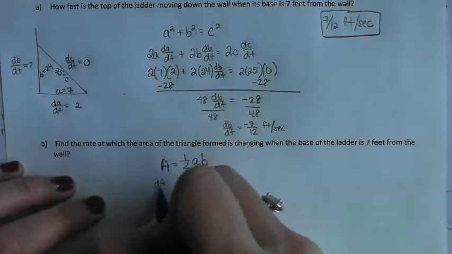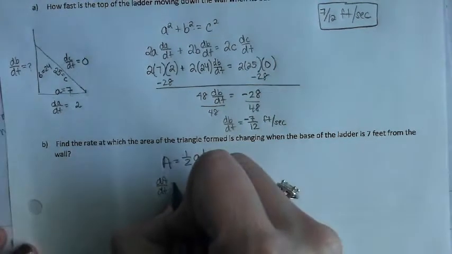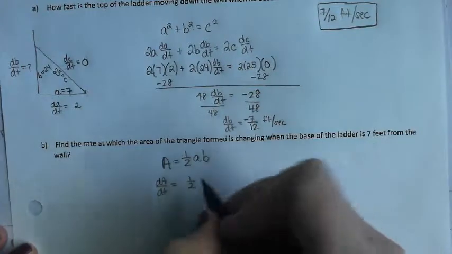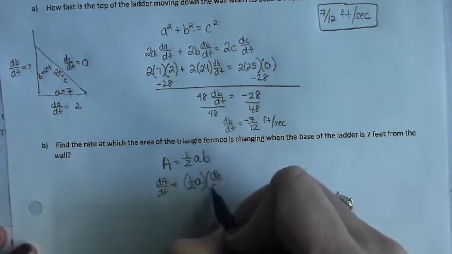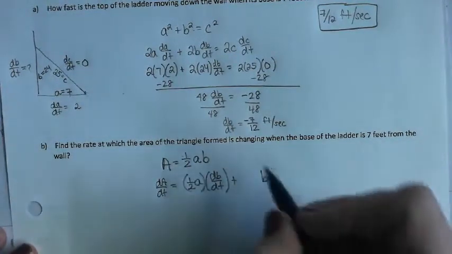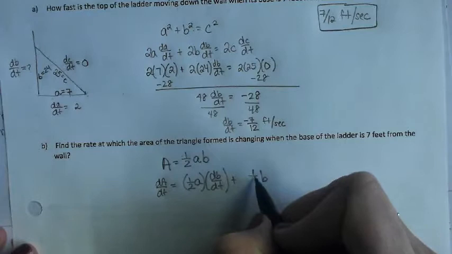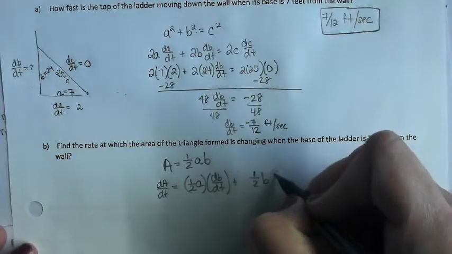So now this is what I derive. So we have dA/dt. But on the right-hand side of this, I need what? Product rule. So first, 1/2 A times derivative of the second, dB/dt, plus the second, B, times the derivative of the first, which will be 1/2, which I'm going to put out in front, dA/dt.